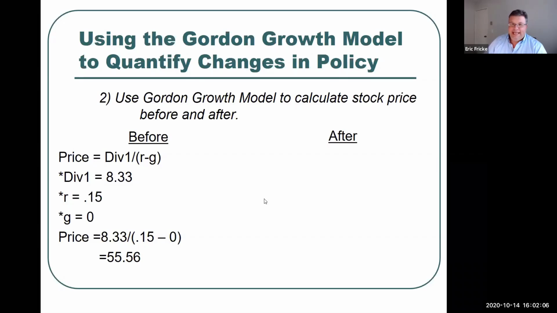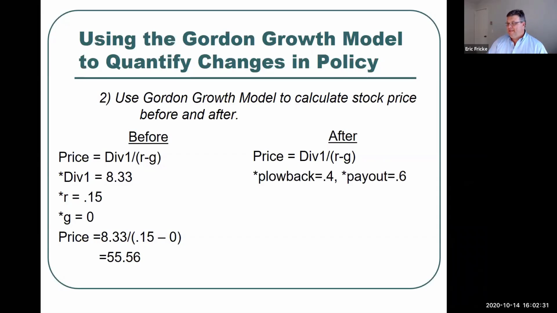Let's take a look at the after now. So we'll use the same equation. We need the dividend though, because we don't know what the dividend is in the after. We only know that they started reinvesting more into the business, which must mean there was less left to pay out as a dividend. So we're going to have to calculate that dividend.